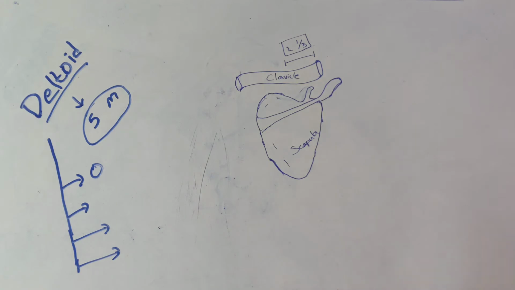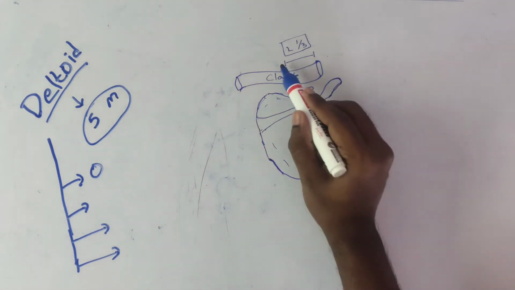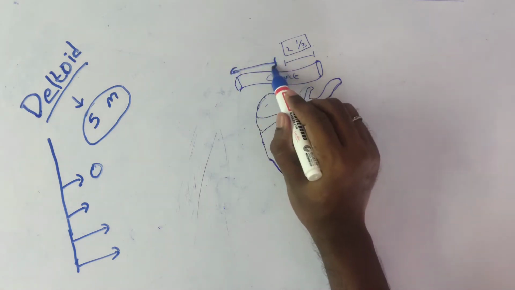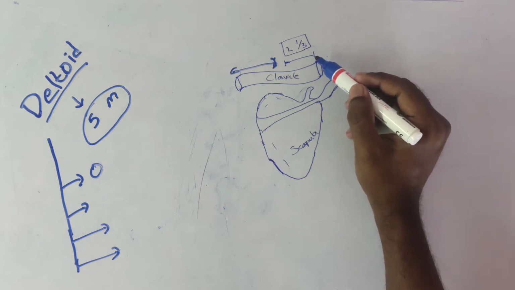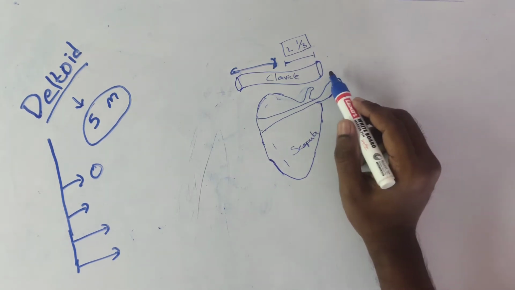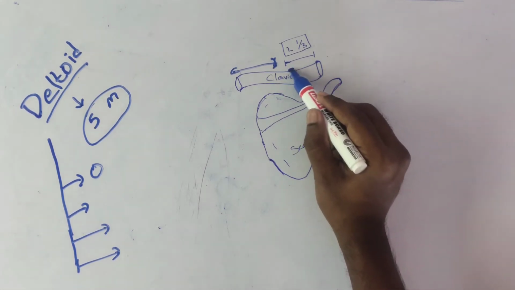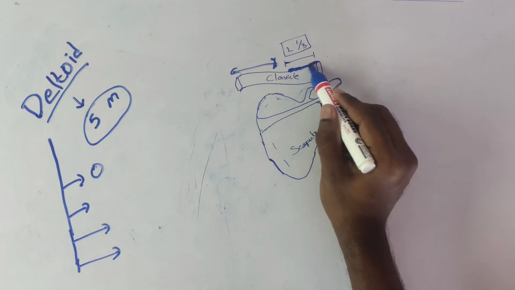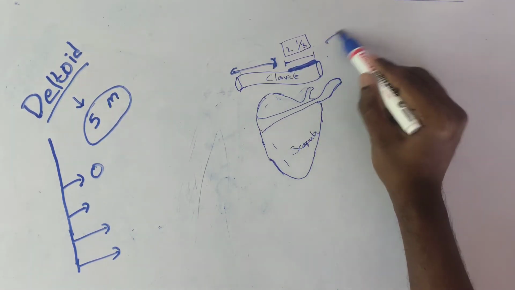Clavicle and scapula. At the lateral one-third of the clavicle, that means here is the lateral end of the clavicle and here is the medial end, the medial two-third of the clavicle. And here the lateral one-third of the clavicle, the origin of deltoid muscle takes place at lateral one-third of the clavicle on anterior surface. Okay, that means here is the anterior surface. This is the anterior surface of the clavicle and this is the first origin.